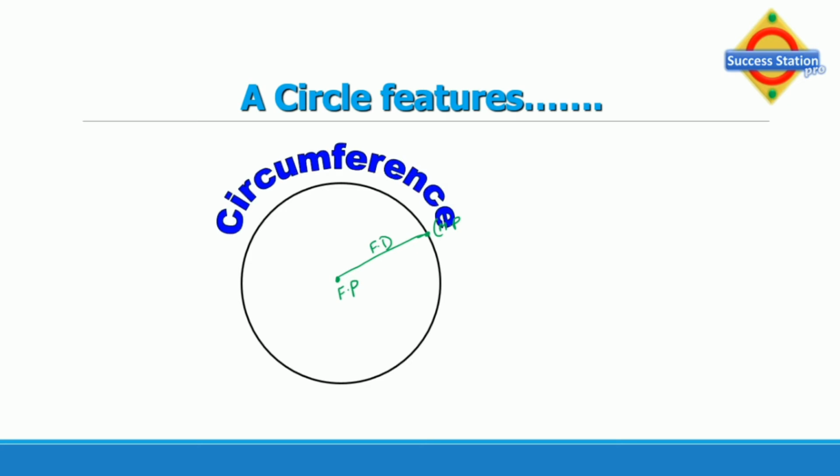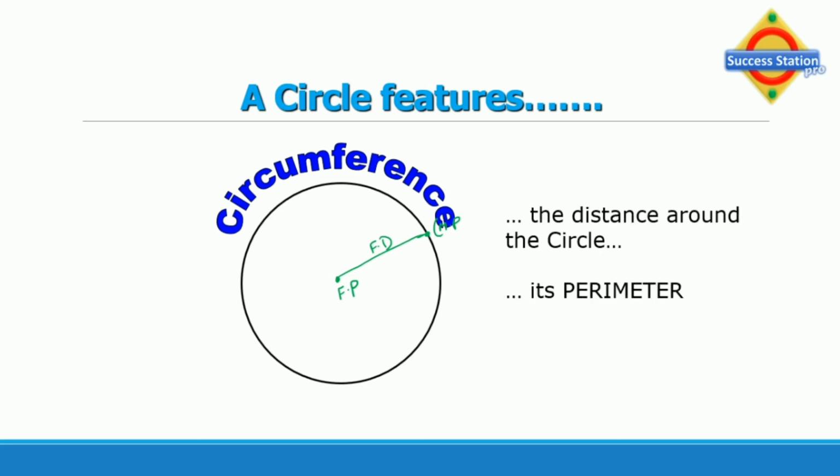The length of the path is called the circumference of the circle, right? So the length of the boundary of the circle, you can call it the circumference of the circle. This is what circumference is. You must have read about perimeter, right? So perimeter is for any figure the length of all the sides, but in the case of a circle, it is called circumference.